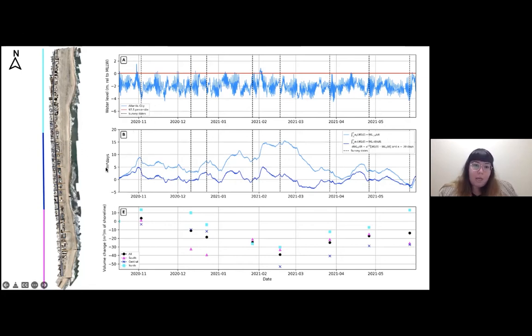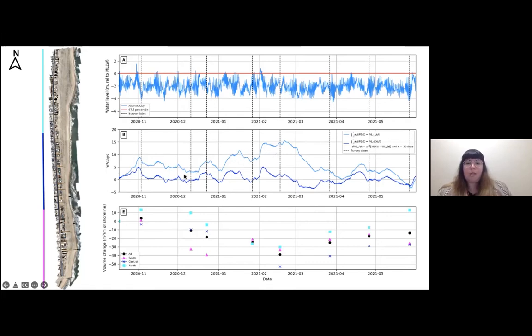So this second panel here in the middle with the light blue line and the dark blue line, these are correlated with the water levels that we're observing in panel A. And so I just want us to pay attention to the light blue line for now.